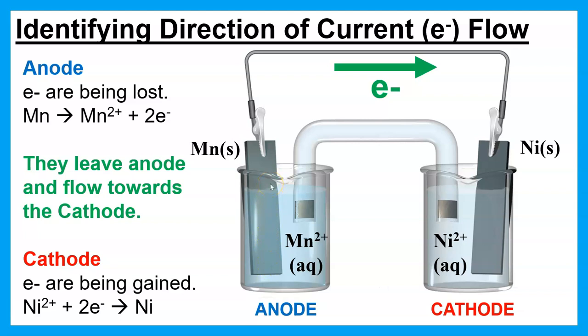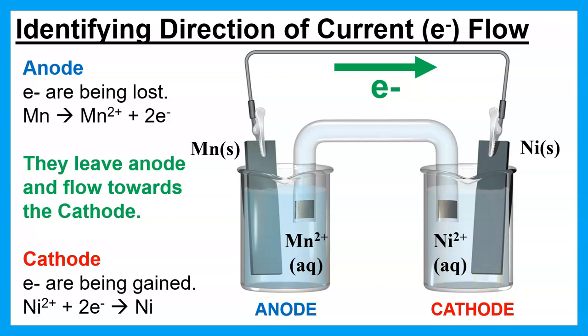Not disappear, it's not magic, but you know what I mean. We're going to be losing mass because the solid is turning into aqueous ions. The cathode will be opposite. This cathode is going to have nickel ions turning back into solid and they're going to stick onto the electrode. And your cathode starts to get bigger.